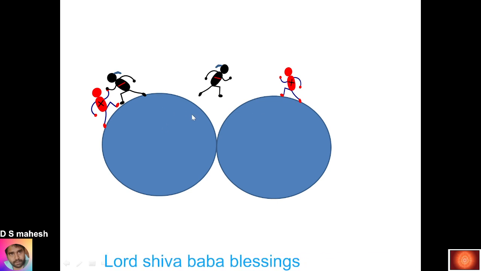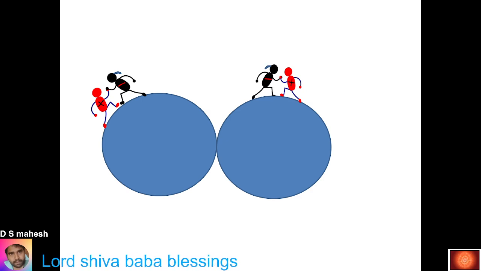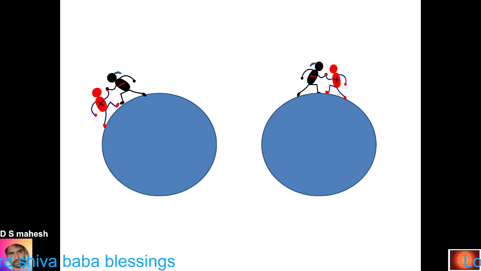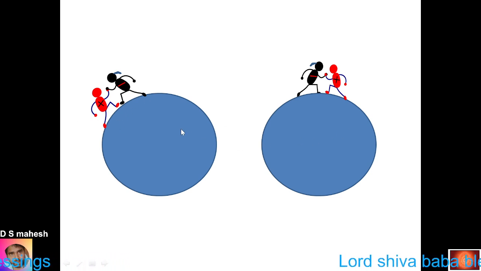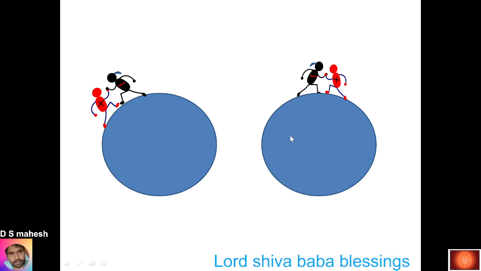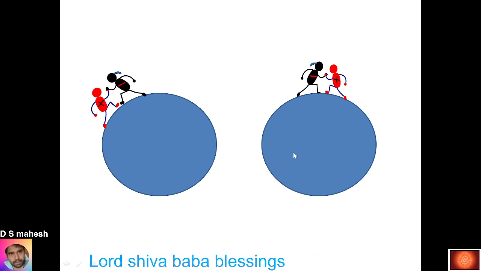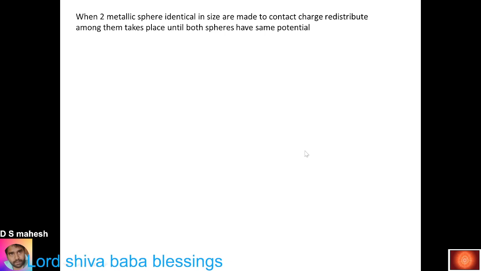Here, a negative charge jumps to the second sphere. Now both of them have one positive charge and one negative charge, so the potential of both spheres is the same. This is called charge redistribution. This occurs only when both spheres are of the same size.